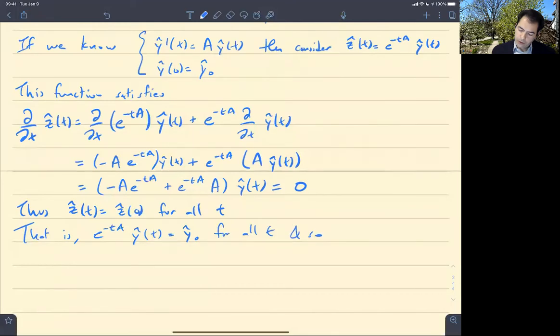And so y hat of t is equal to e to the ta y hat naught. And so just as we expected, in analogy with the case of a single function of a single variable, the unique solution is just multiplication by the exponential.